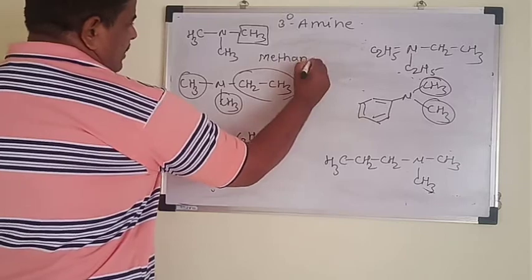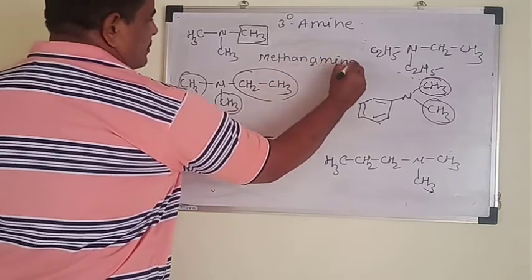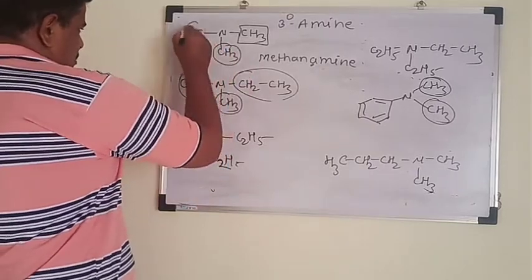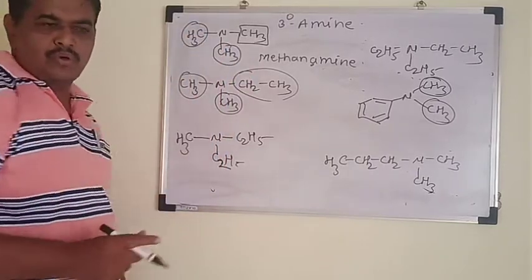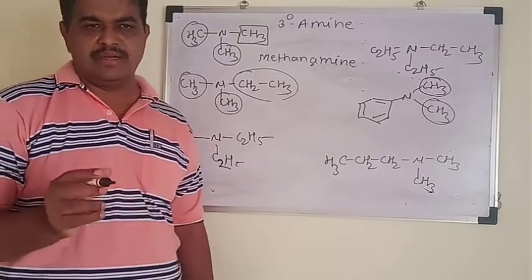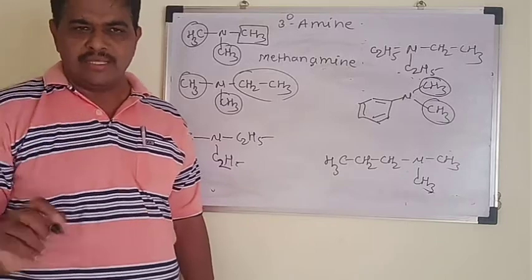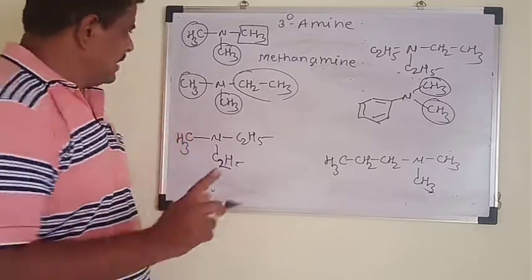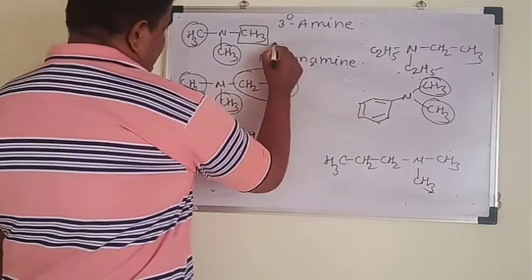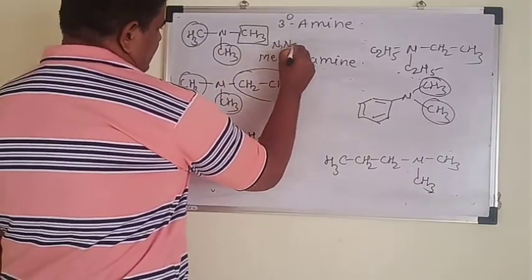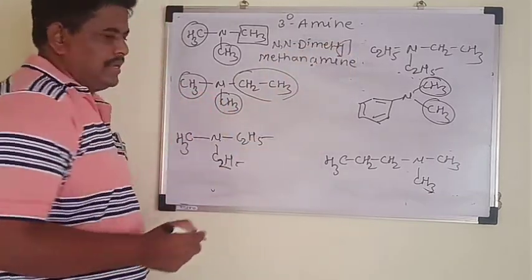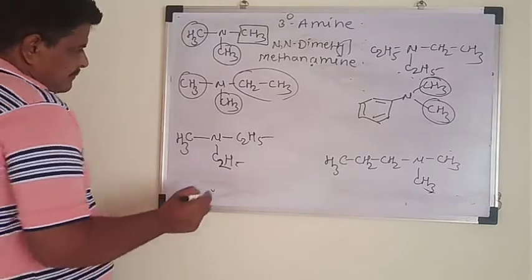Replace E by amine, so it becomes methanamine. Now here on nitrogen, two methyl groups are there. If two methyl groups are present on the same carbon, then we write it as 2,2-dimethyl. Hence, if two methyl groups are present on nitrogen, then we can write this as N,N-dimethyl methanamine.